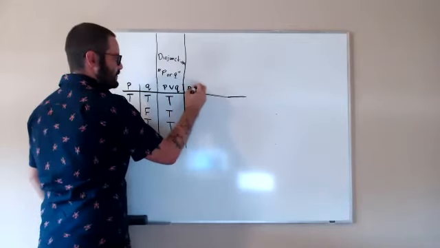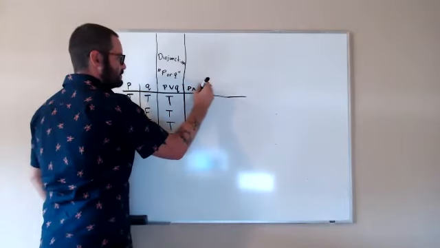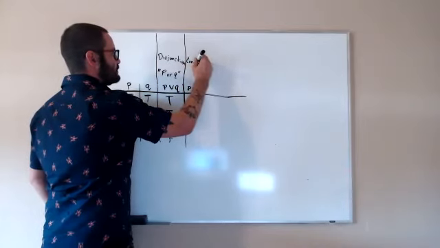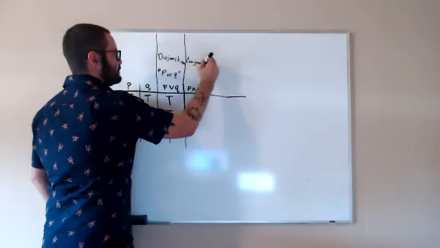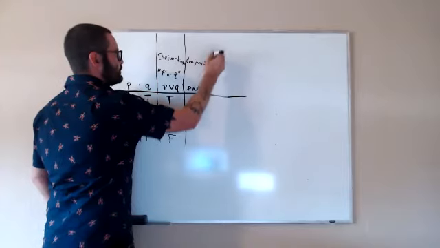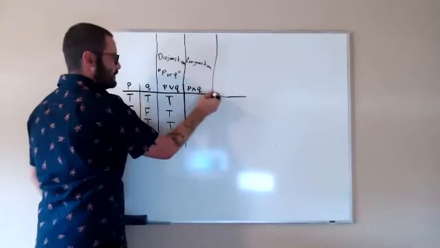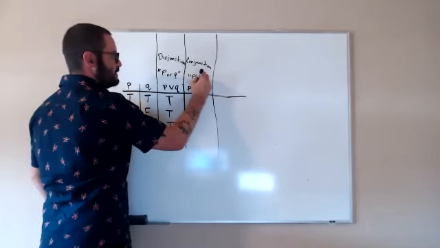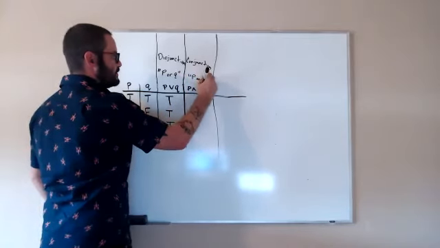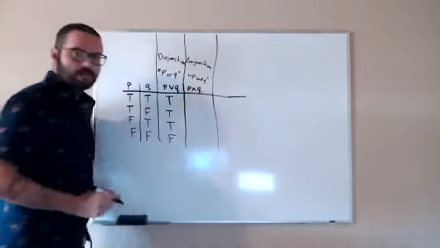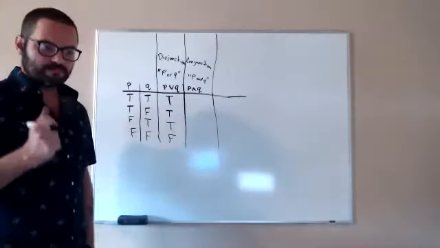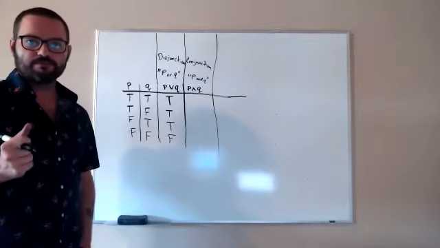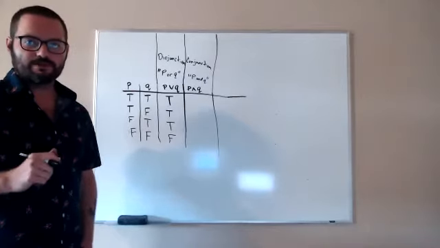Next up, we have the conjunction. And this reads P and Q. So the conjunction is true only when they're both true, and false every time.